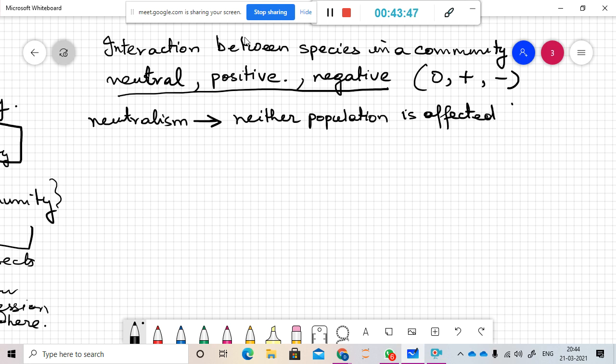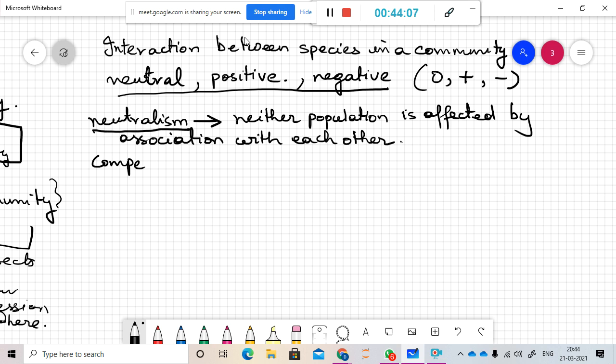Then you have competition. This is direct interference. Here, both populations actively inhibit each other.